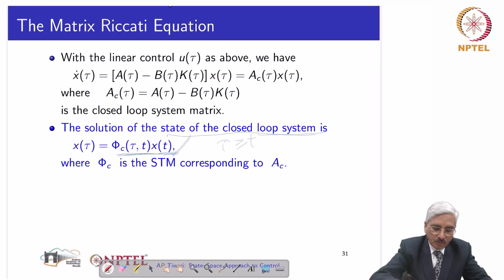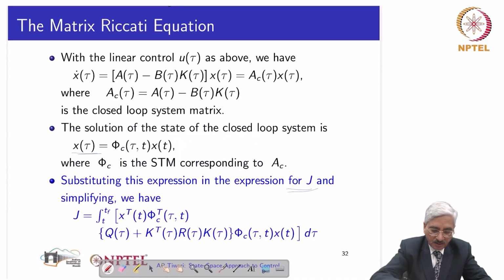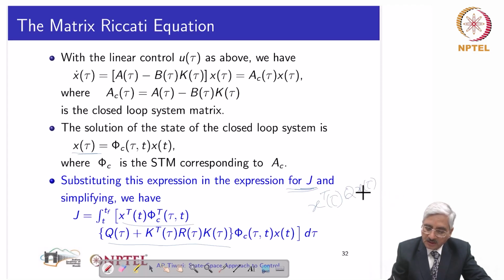And in place of u, we of course substitute K times x. So when that substitution is done, we get this, with of course some manipulation, because the J was x transpose(tau) Q x. So this x(tau) is phi_C times x(t), the initial time or present time.